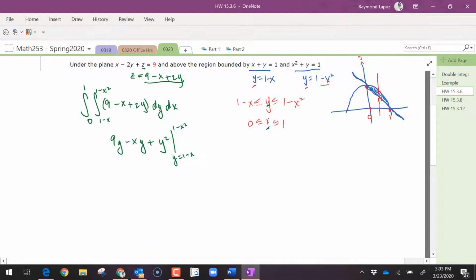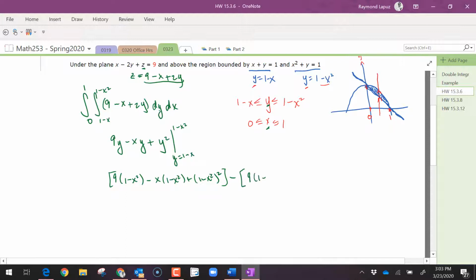So let's go ahead and calculate that. Got 9 times (1 minus x squared) minus x times (1 minus x squared) plus (1 minus x squared) squared. So that's the first part, upper limit minus the lower limit.